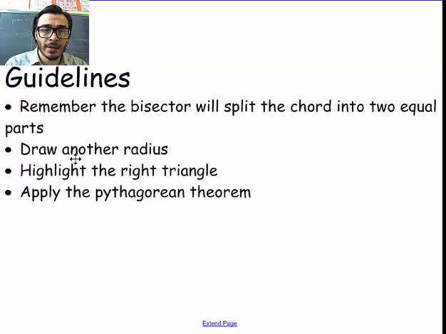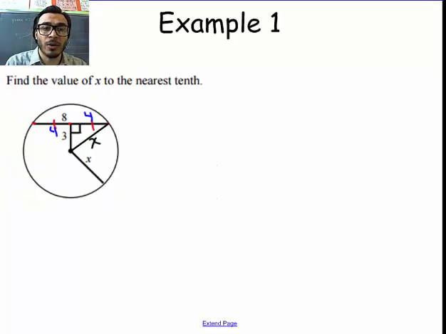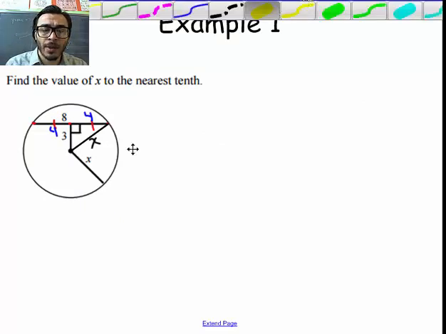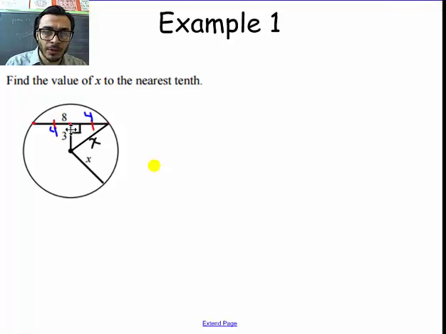The third guideline says highlight the right triangle. So hopefully you could see right now that this, of course, is a right triangle. And we can now use Pythagorean theorem to solve for x. So the Pythagorean theorem says a squared plus b squared equals c squared.